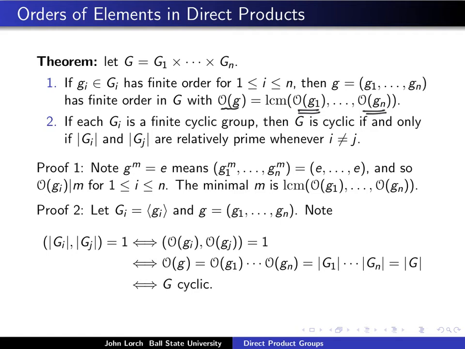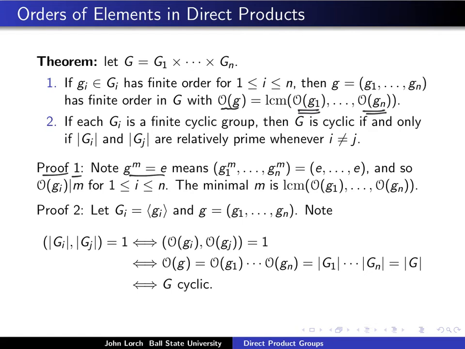Now, proving this theorem, we first start with part 1 of the theorem, and we want to know what happens when we take g to the m and get the identity? So we're looking, remember, for the minimal positive m so that g to the m is the identity.